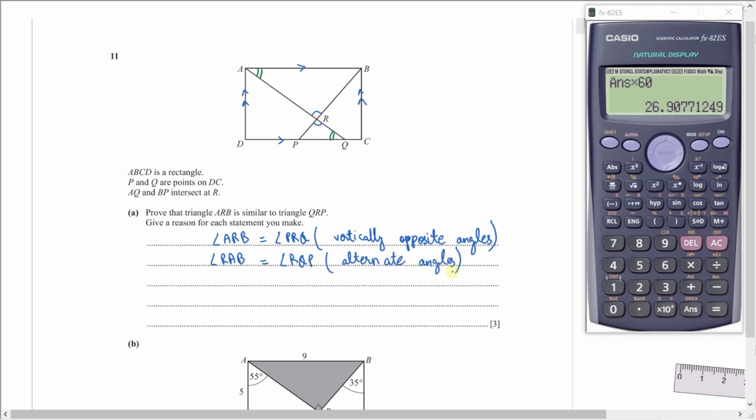And similarly, if you look at angle RBA, this will be equal to this angle RPQ. Again, these are two parallel lines, and this line BP is passing through these two parallel lines, and these two red angles are alternate angles. So again, the same property, angle RBA will equal angle RPQ because they are alternate angles.